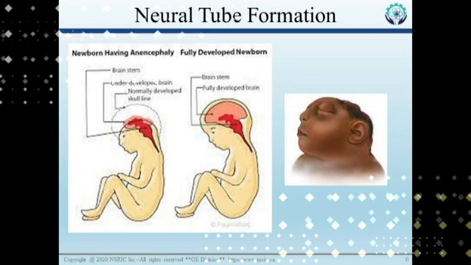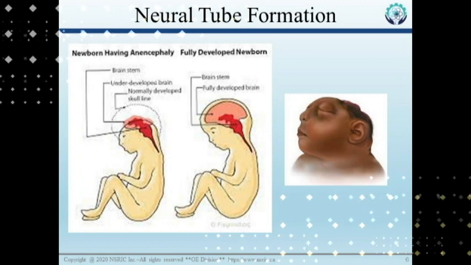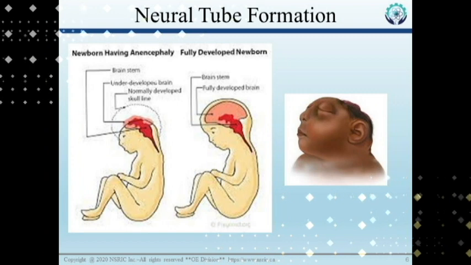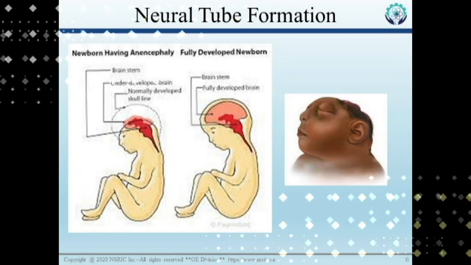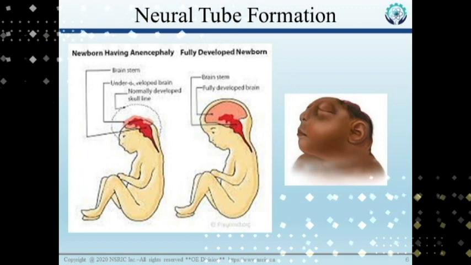Think of a flat piece of paper that folds at both ends, and eventually you have a tube instead of a flat piece of paper. That's basically what you have here: over a short period of time, that neural plate encloses in and creates a neural tube. And that neural tube then is the precursor to the brain and spinal cord.